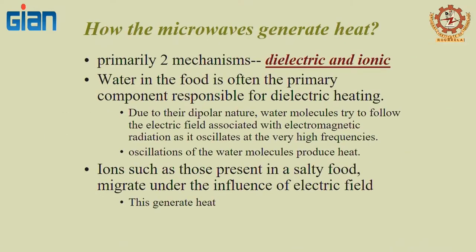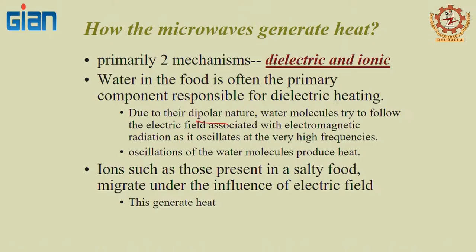The microwave related heating parameters are called the dielectric properties. Microwave heats material in two ways, one with water, the second with salt. Water is dipolar, and the water molecules try to follow the electric field, and they agitate, and agitation brings friction that results in heat being generated.